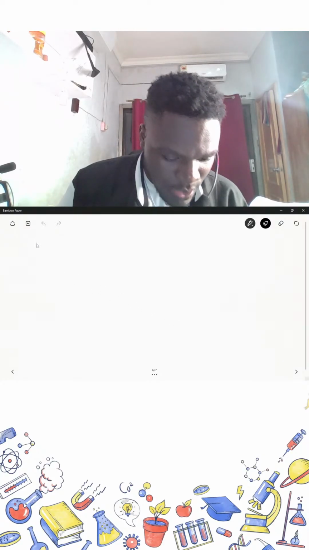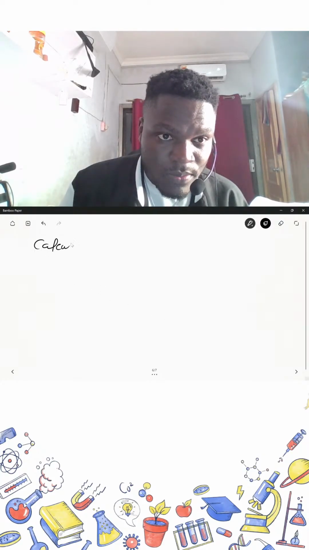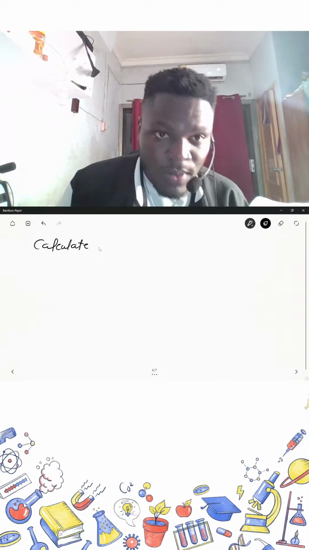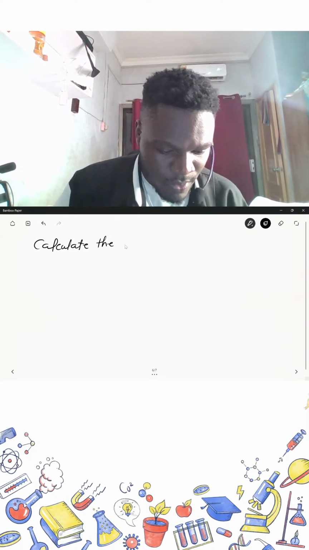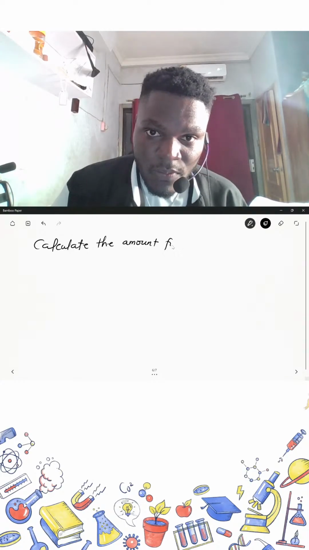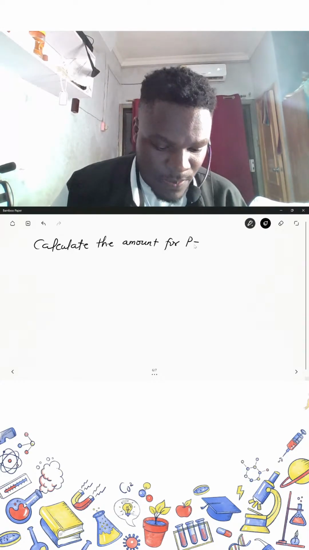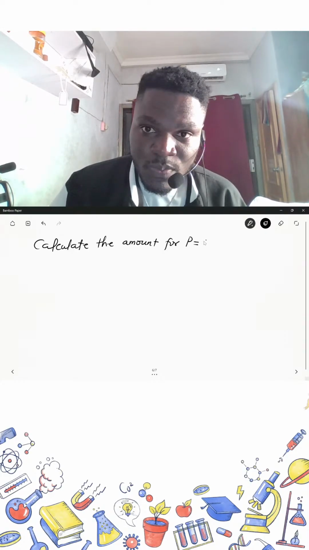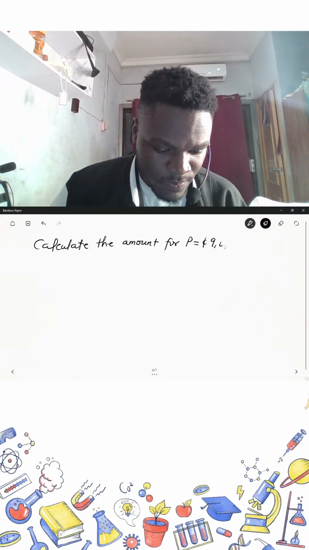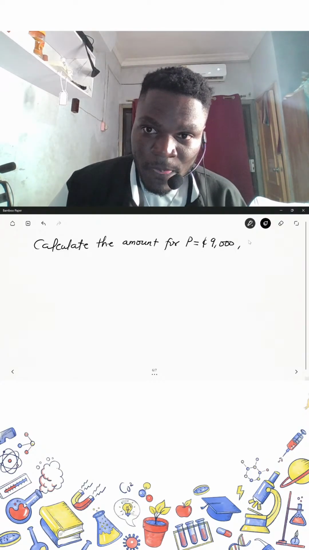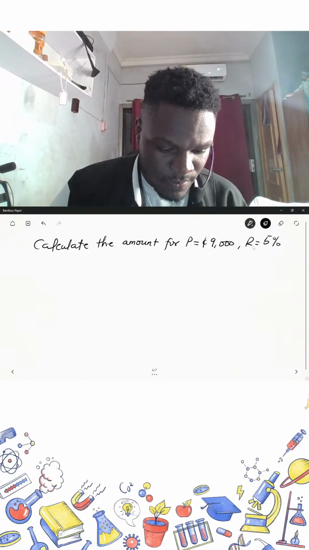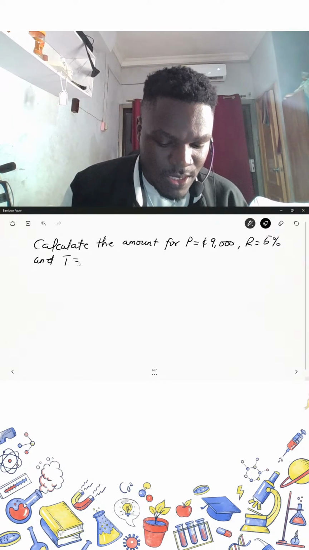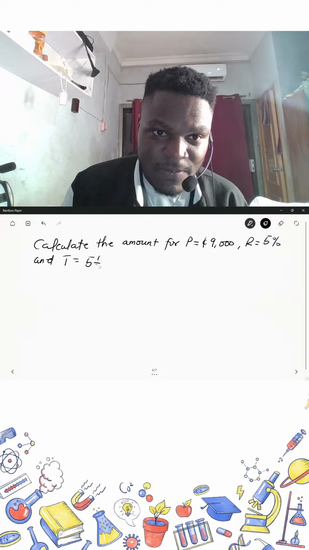Okay, so calculate the amount for the principal, which is equal to 9,000, the rate 5%, and the time t is 5.5 years.